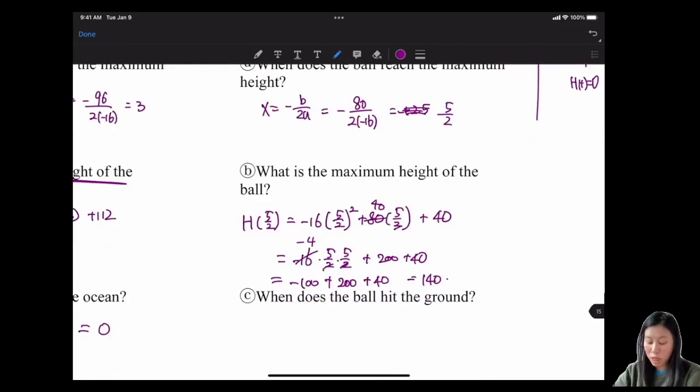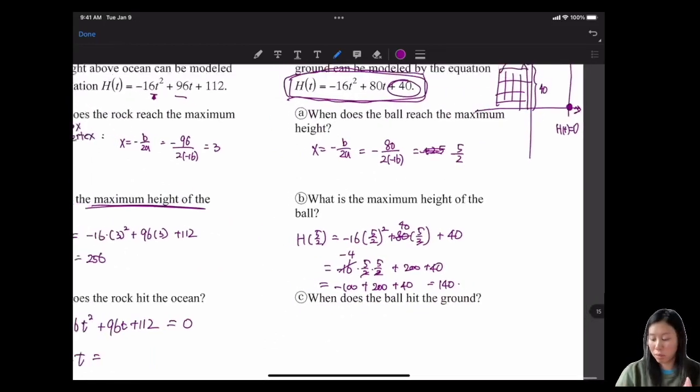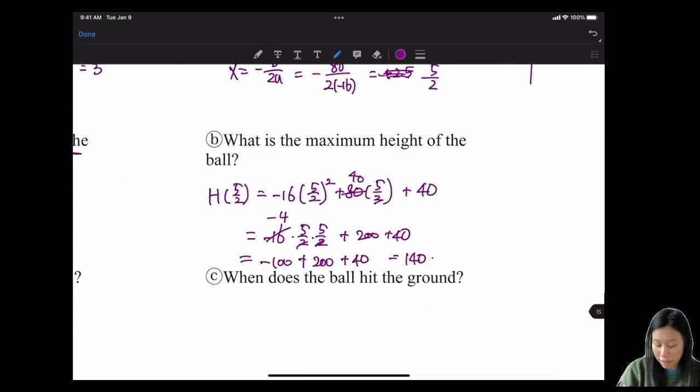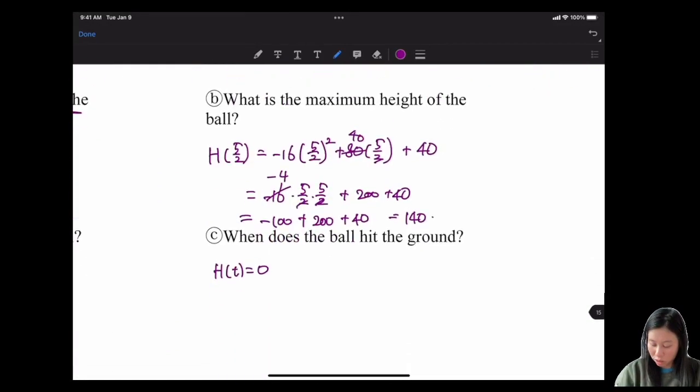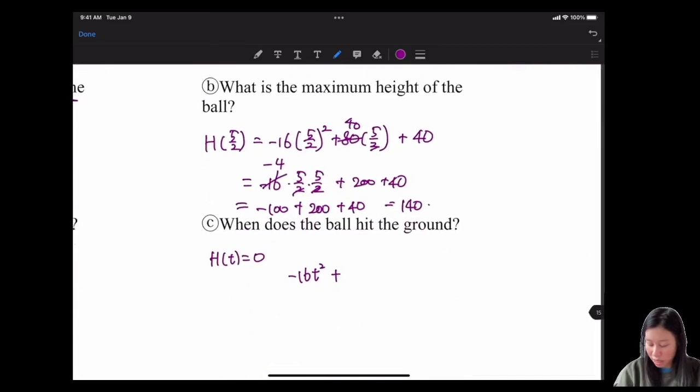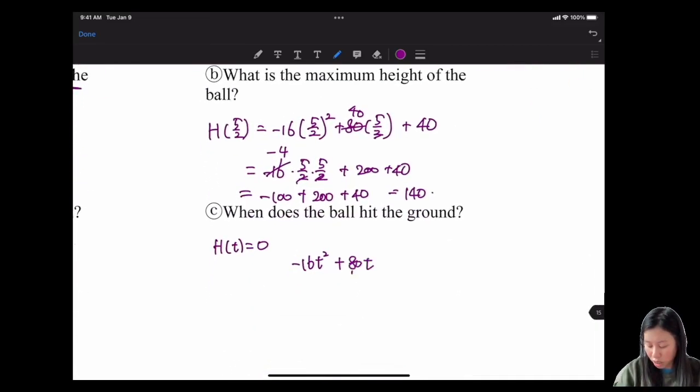Okay, when does the ball hit the ground? When the ball hits the ground, remember, the height equals 0. So let's do this. I have negative 16t squared plus 80t plus 40 equals 0. Let's solve it.